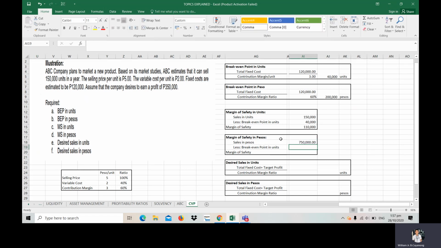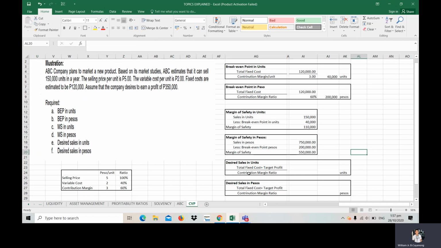Therefore, our sales in pesos is 750,000. Now, our break-even point in pesos, we got it earlier, which is 200,000 pesos. Therefore, our margin of safety in pesos, we subtract the two, is 550,000 pesos.